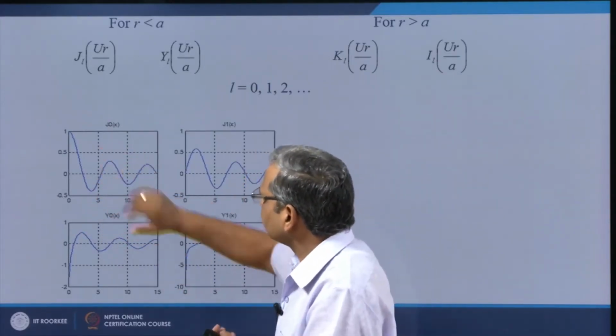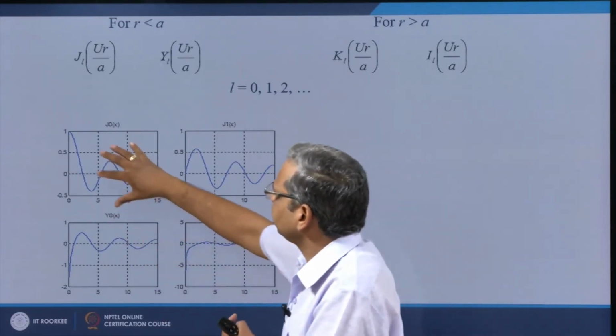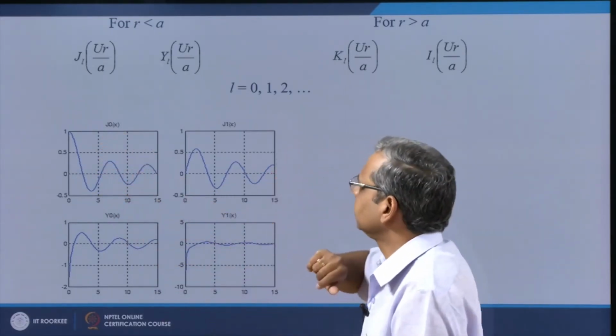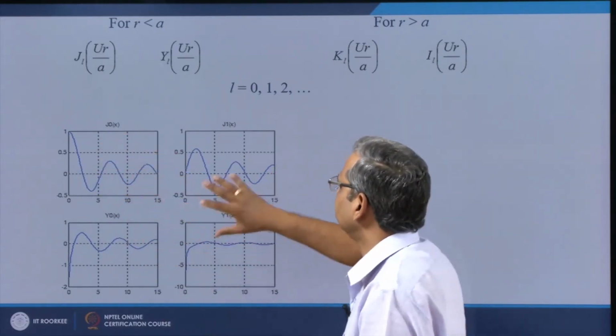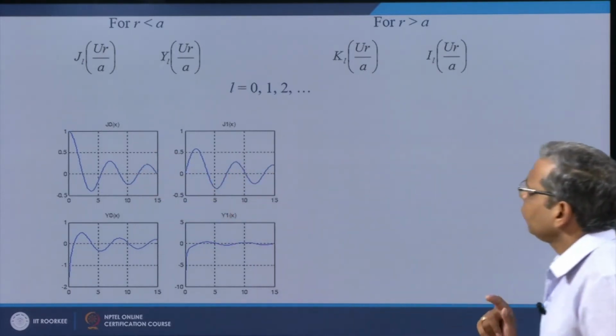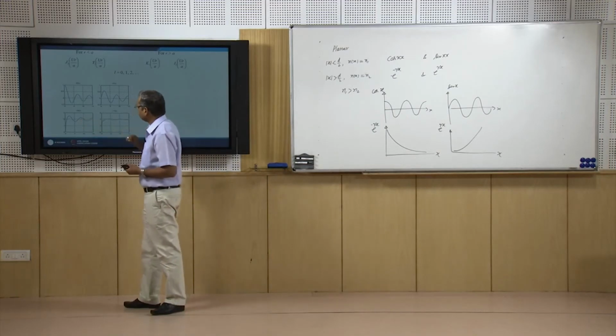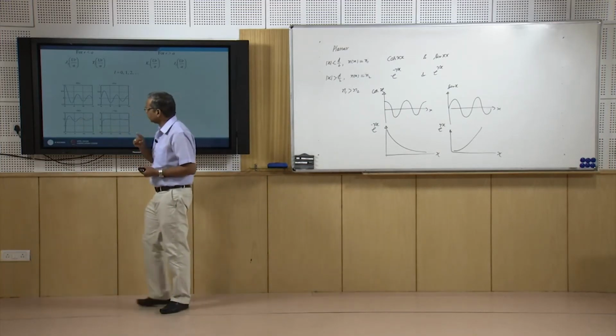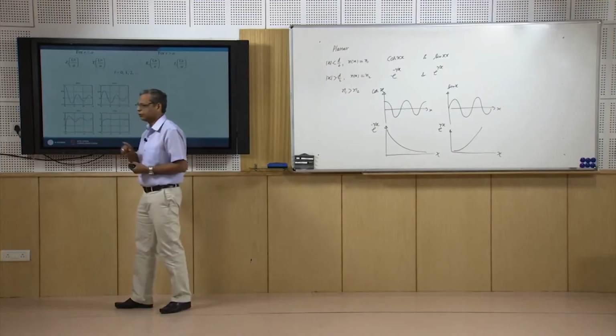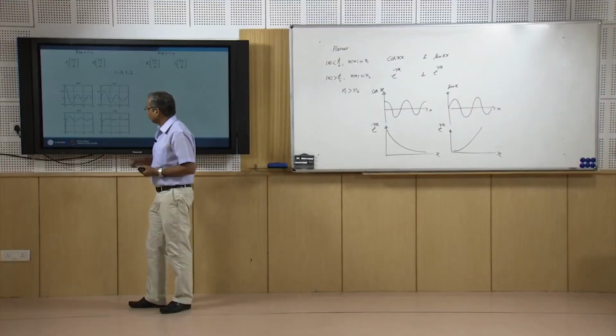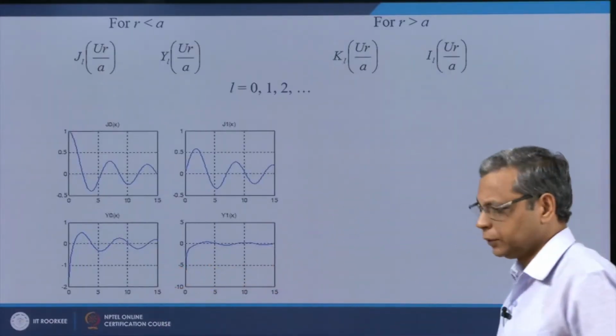It is some complicated function, but let me say that if this is an oscillatory function of this kind, then it is J0, this is J1. If I look at y function, then y function is also oscillatory, but the only thing is that it blows up at x is equal to 0: y0, y1, y2, and so on.